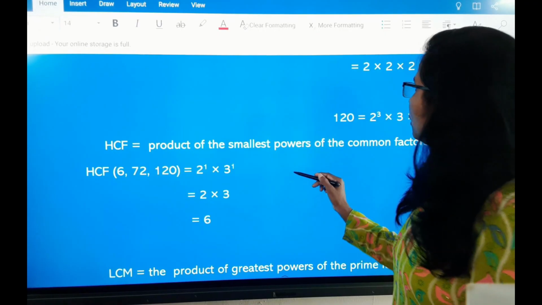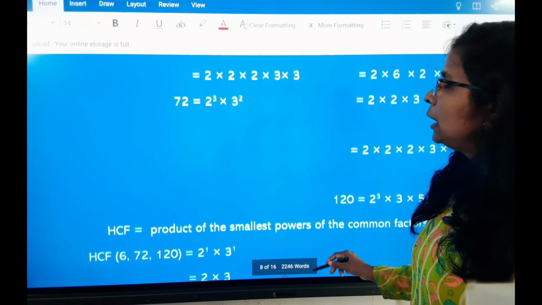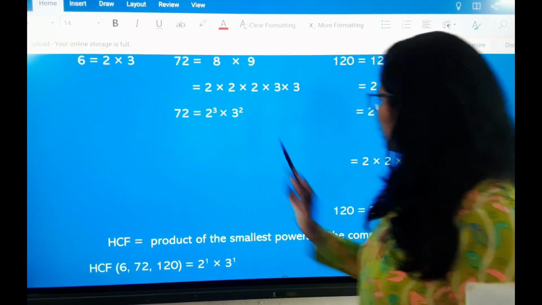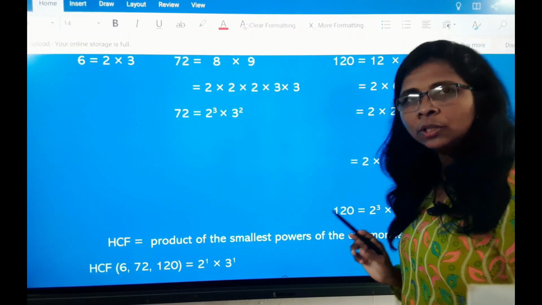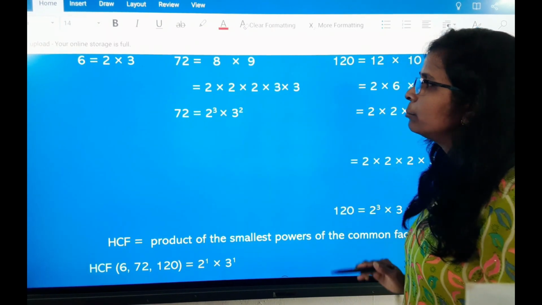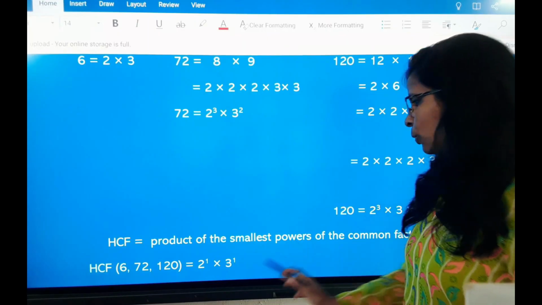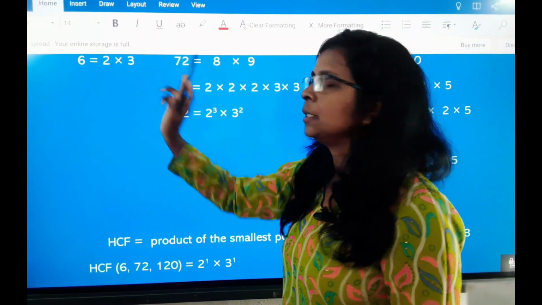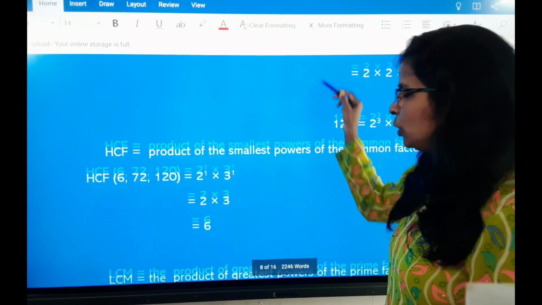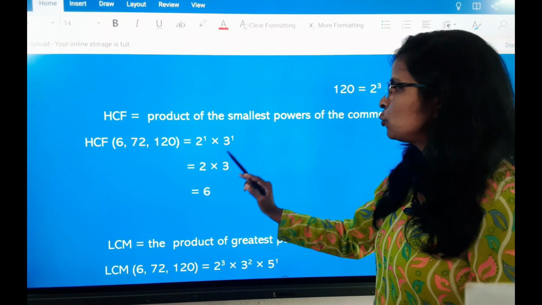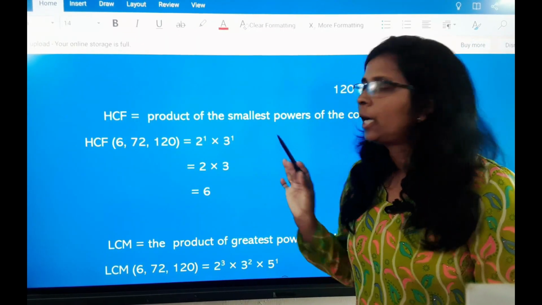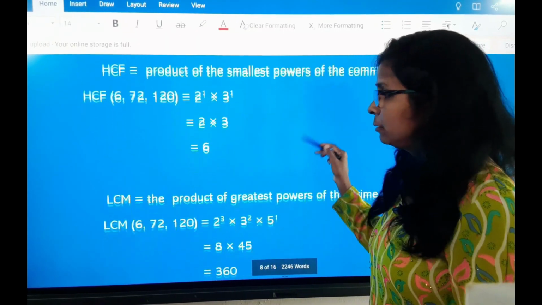The smallest power among these 3 numbers is 2 raised to 1 and 3 raised to 1. So the product 2 raised to 1 multiply 3 raised to 1 means 2 multiply 3, that is equal to 6. So this is our HCF of these three numbers.